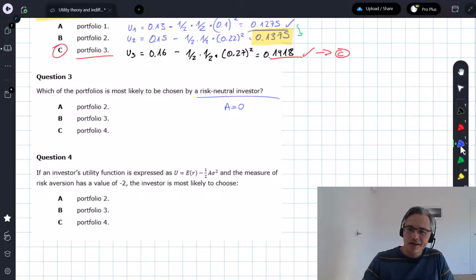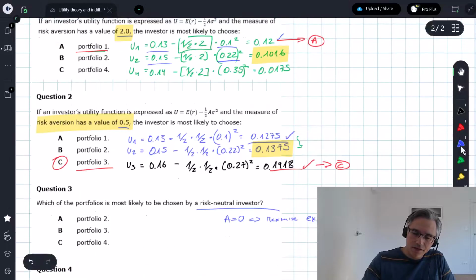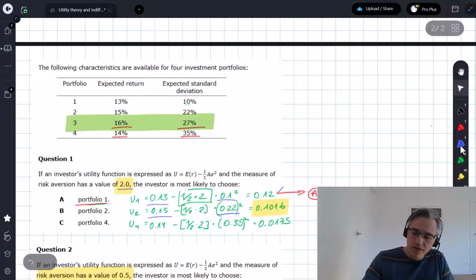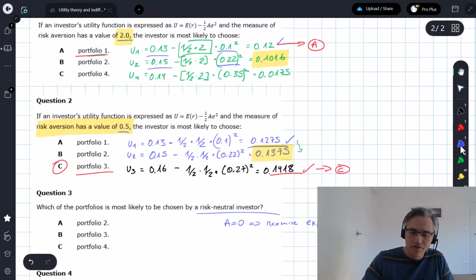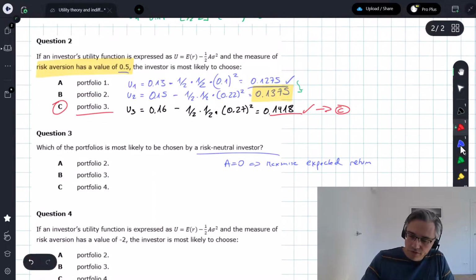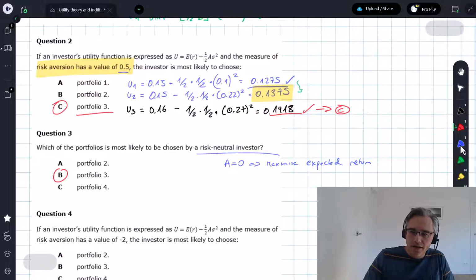And this is going to be somebody who just tries to maximize expected return, and chooses the portfolio with the highest expected return, which is portfolio 3 over here, with a 16% expected return. It doesn't matter. For them, standard deviation is not going to be important. So portfolio 3, this one, the answer is therefore B.